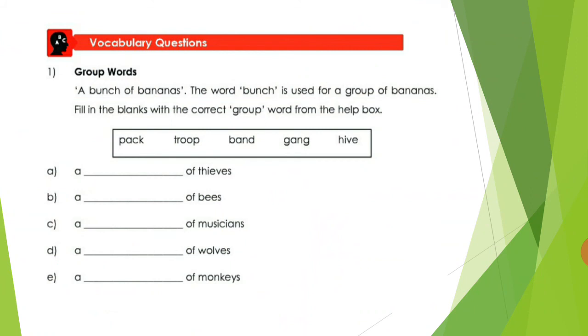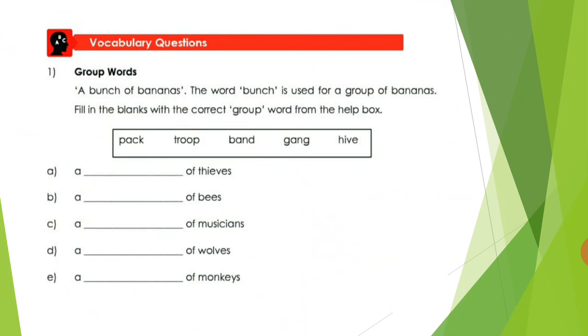What you have to do, you have to see this box. In this box, some words are given like pack, troop, band, gang, hive. So, what you have to do, the blanks are given below with the words.